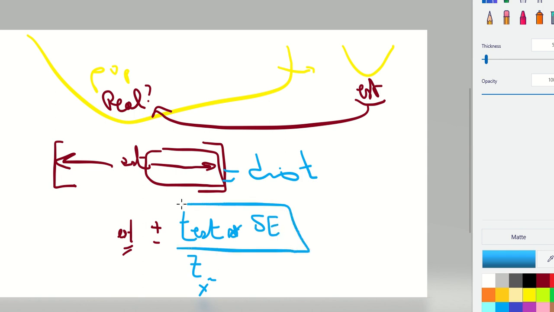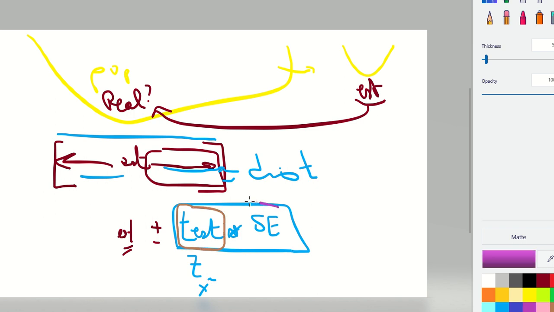Together, they give you that distance that you're going to go up and down, okay? Now the distance is only half the width of the interval, because you need to go up and to go down. So that distance is made of two elements. Element number one is the test, and element number two is the standard error.